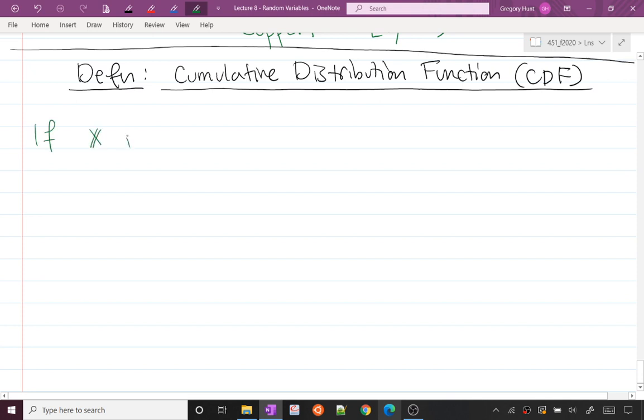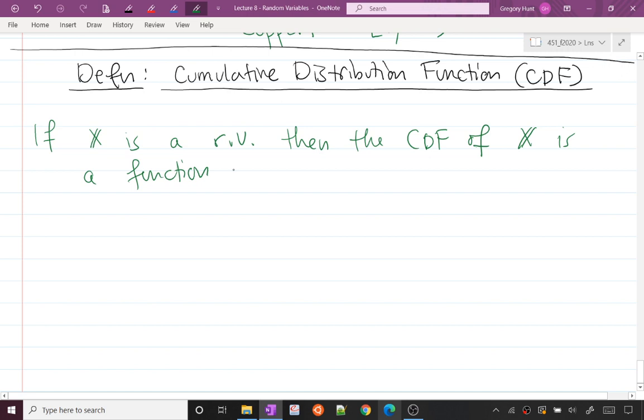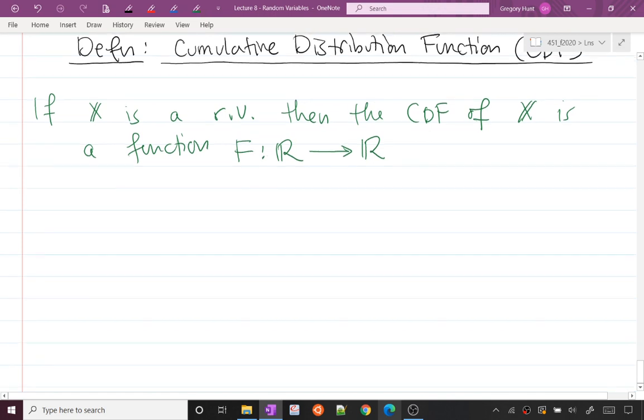If X is a random variable, then the CDF of X is a function that's going to take in real values and spit out real values. It's a function from R to R, a real valued function.